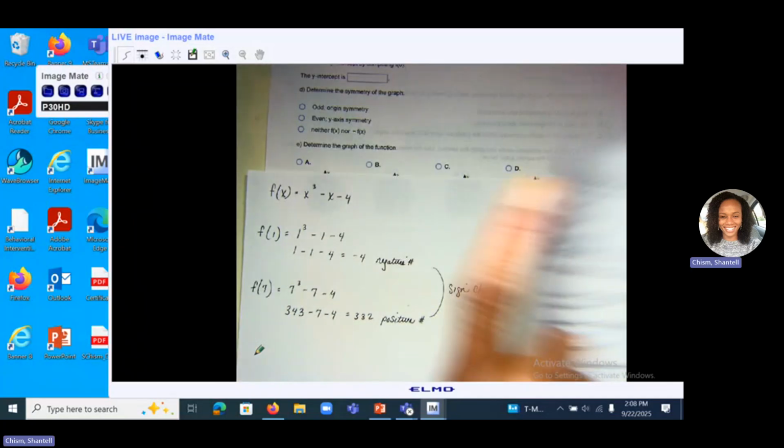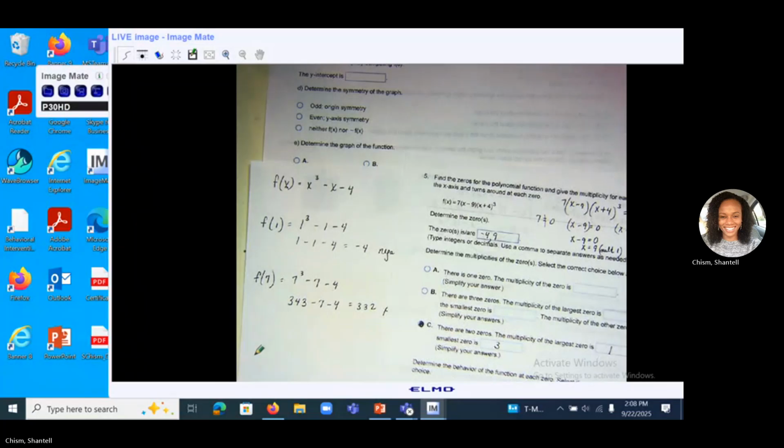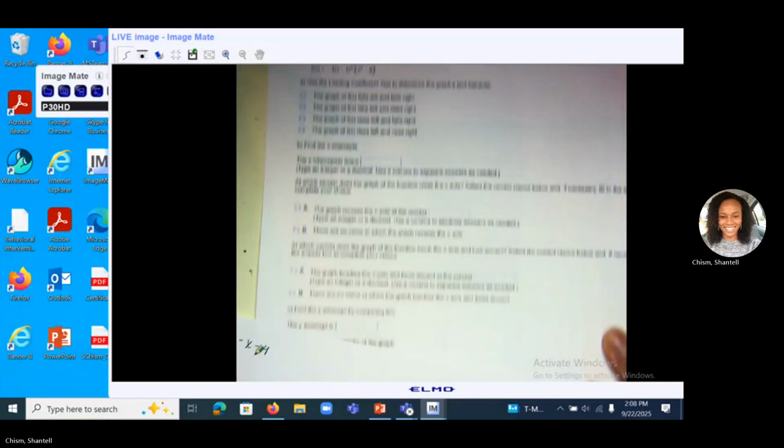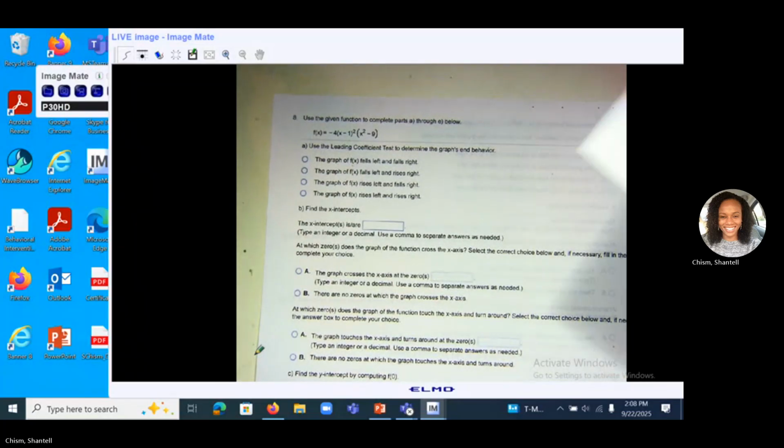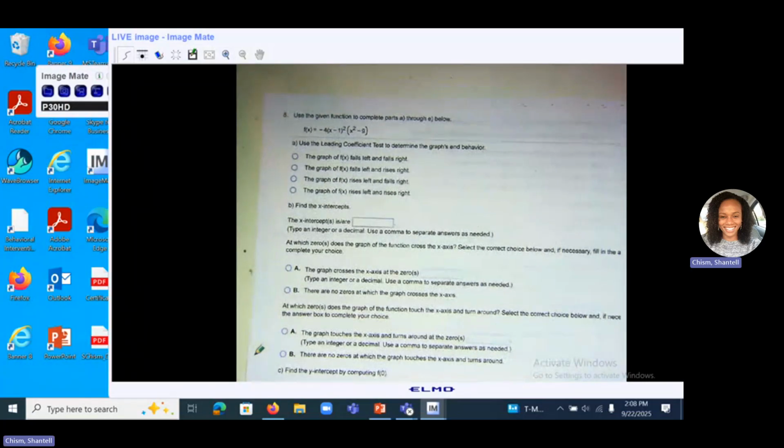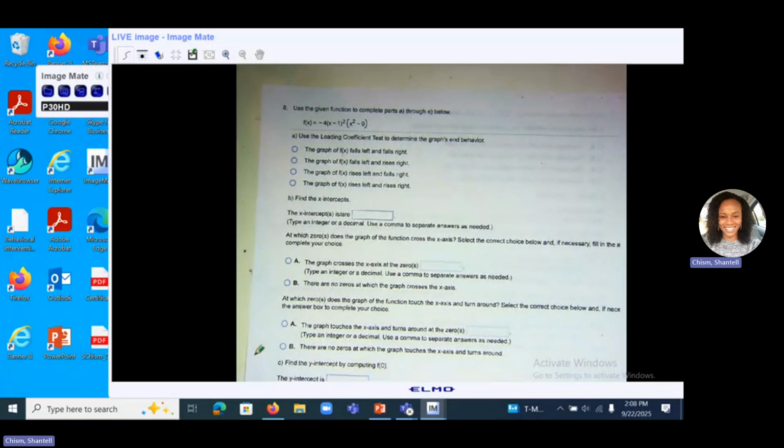All right, let's see what else we got here. So the last two questions here are asking us to put together several different key pieces of information to then be able to look at the graph of the function.